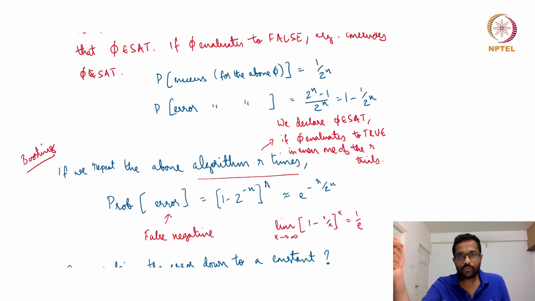The error happens when, okay, this formula is satisfiable, the error happens when we report the formula to be not satisfiable despite this being satisfiable. So the problem is when the formula is incorrectly reported as not satisfiable, right? So rather it is a false negative.